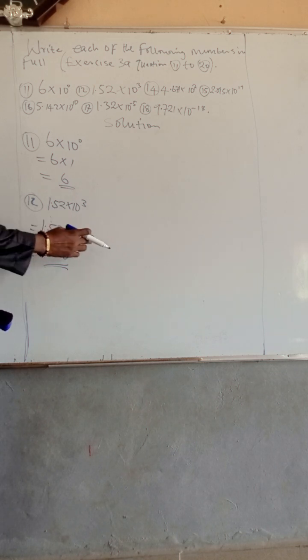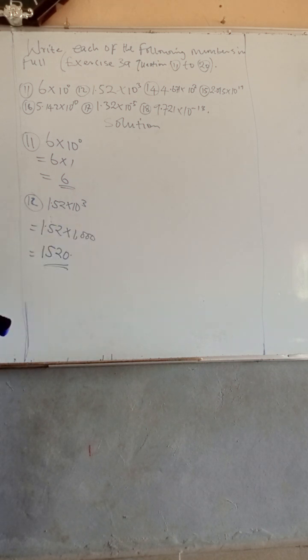So we have 3 zeros here, 1, 2, 3. So we move the decimal point 3 times, 1, 2, then 3. Then we have this as our expression in full.